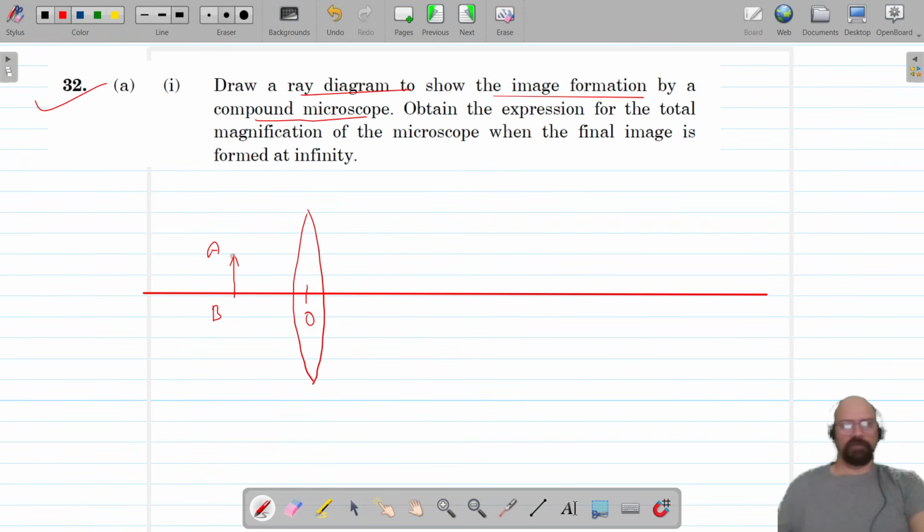Now, a ray of light which comes parallel to the principal axis, we will take one more ray of light where we will try to intersect them. Okay, let them intersect here.